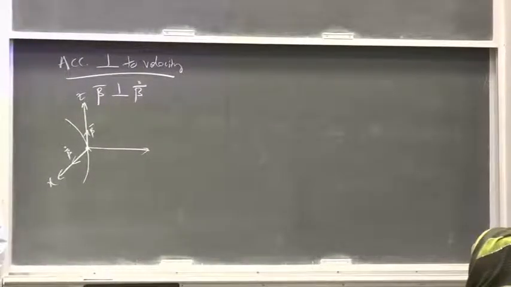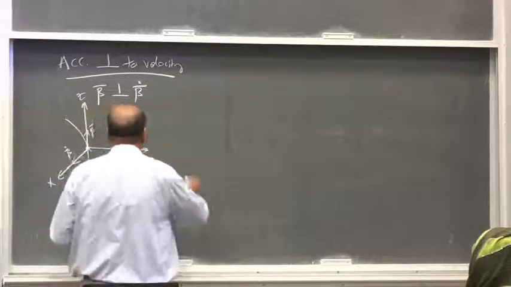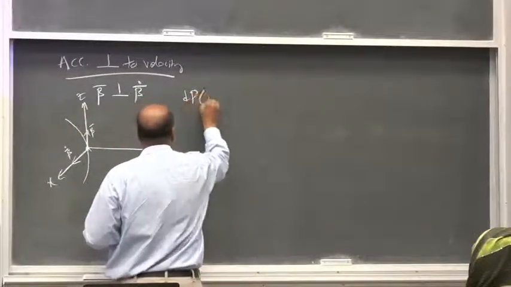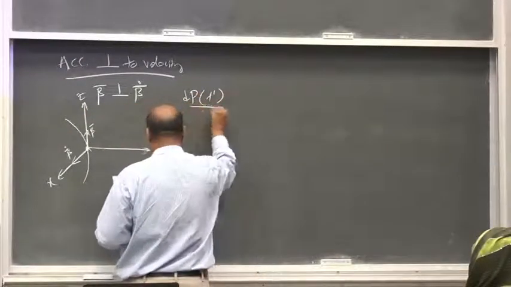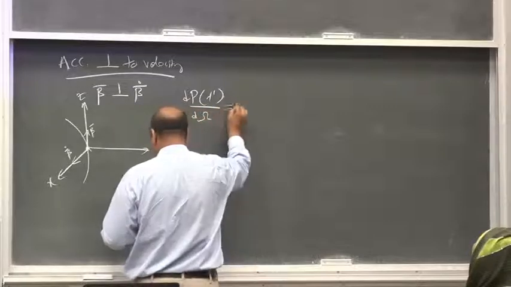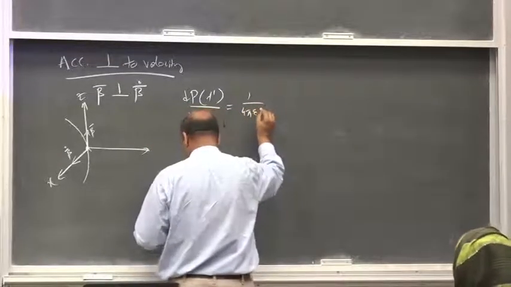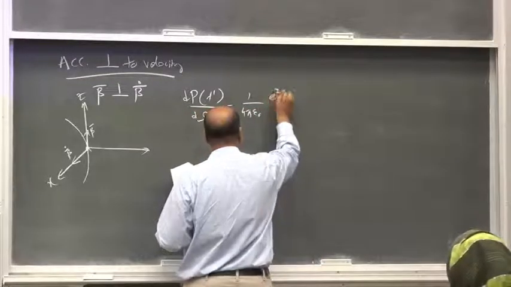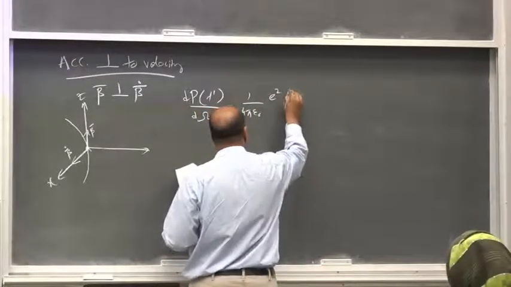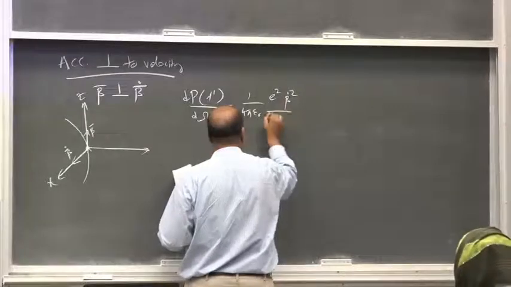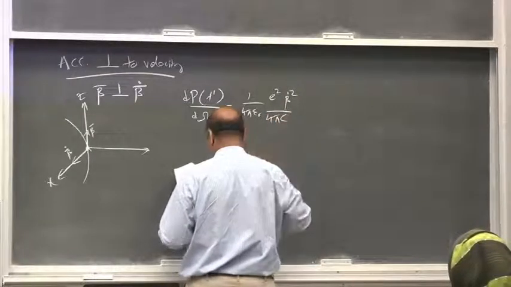This particular case, dP by d omega, t square beta dot square, 4 pi c.